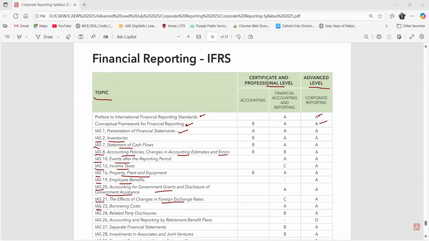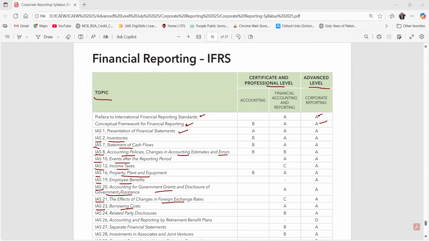Then we have IAS 23, borrowing costs. For example, if we take financing from any financial institution and we want to construct any asset, the interest costs, the finance cost of that loan, either it would be expensed out or it would be capitalized.